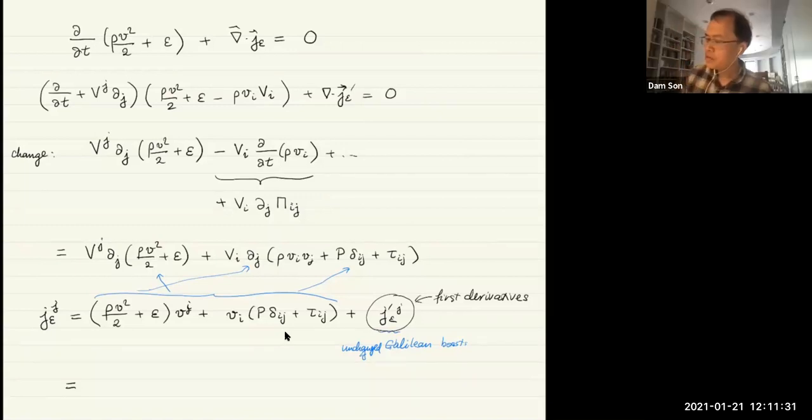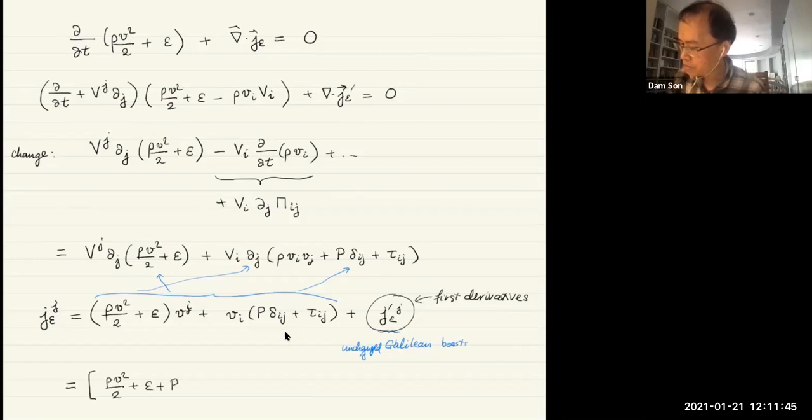Okay, so we can write it this way. In the energy current, there is basically something that flows with a velocity v, plus v_i tau_ij, plus some term with a first derivative.